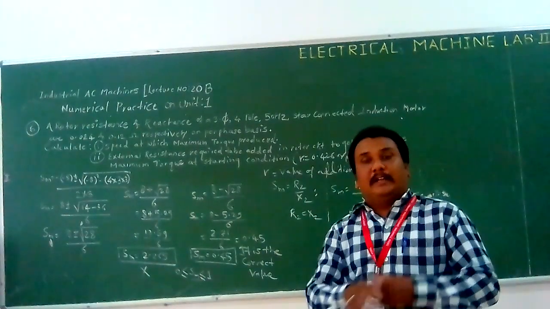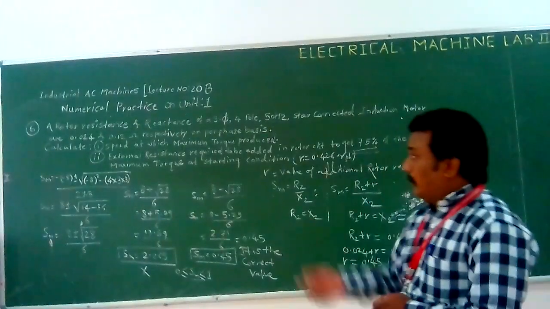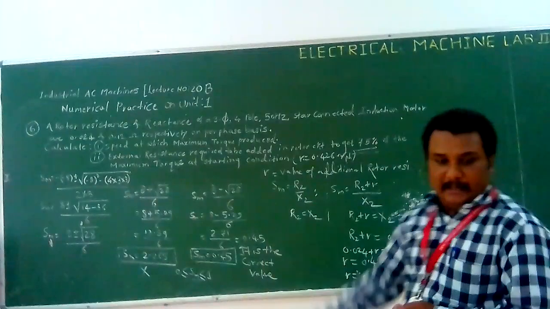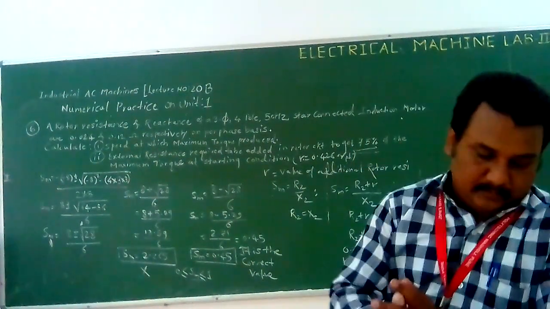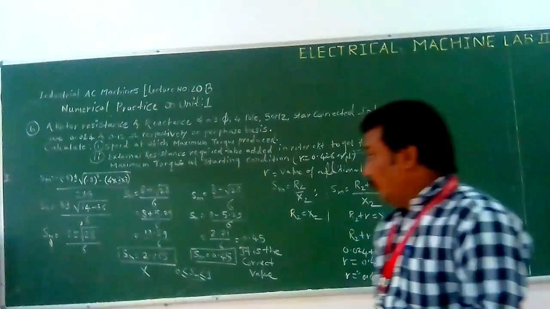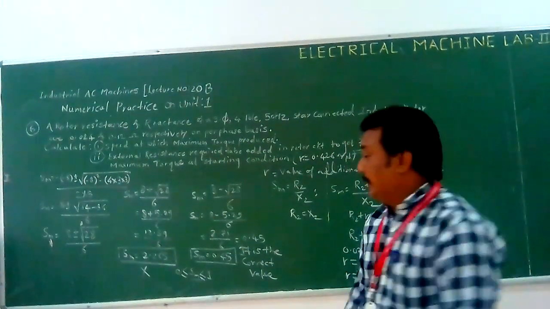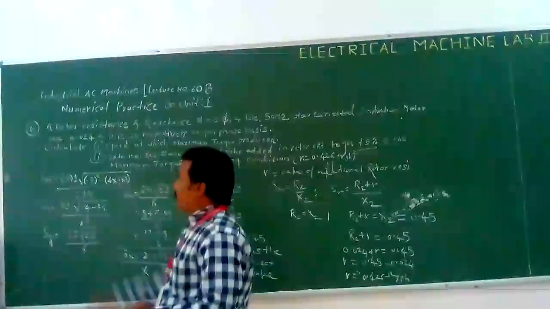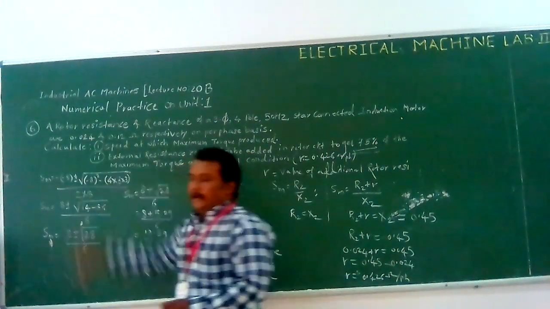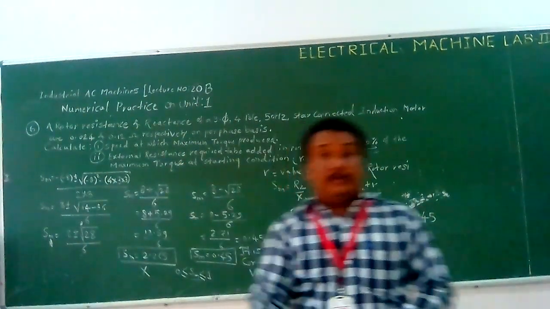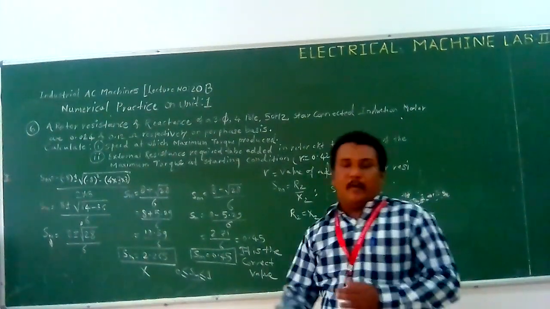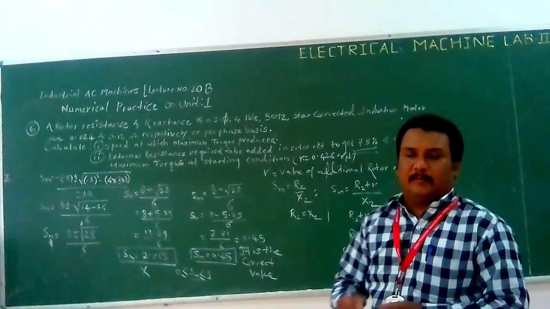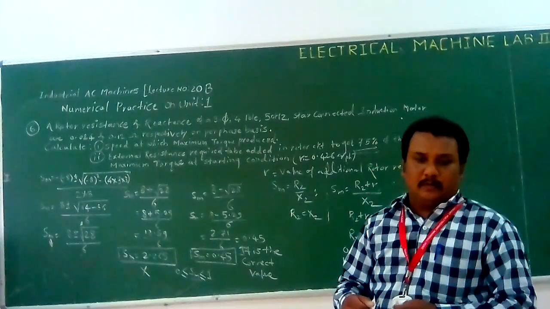For actual speed we require slip. Slip is calculated by R2 upon X2, and it appears as 0.2 slip at the starting moment. Then we calculate the actual speed, which is 1200 rpm.